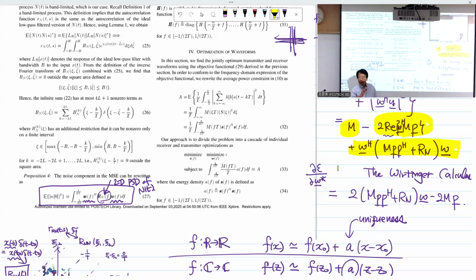Interestingly, many textbooks never talk about the derivative of this one. They just say, hey, simply we get this. That is wrong, okay? You need at least the knowledge about analytic functions and the derivative with respect to W conjugate.